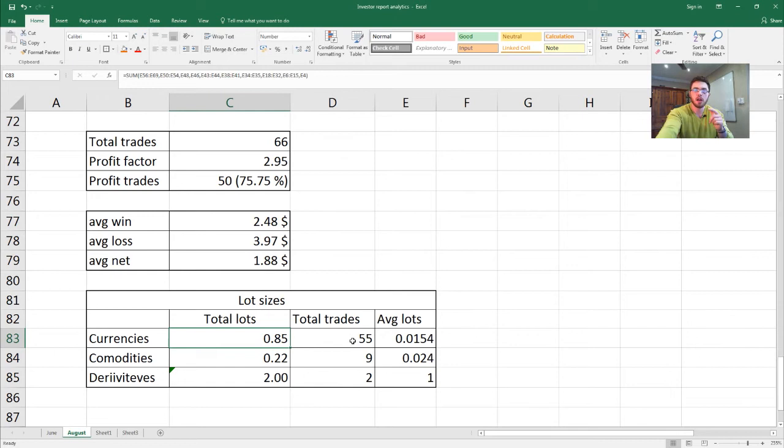My average lot, so what I did is I divided the total lots by the total number of trades, was 0.015. Now, what that effectively means is I was trading at under 0.02 per trade, an average of under 0.02 per trade.